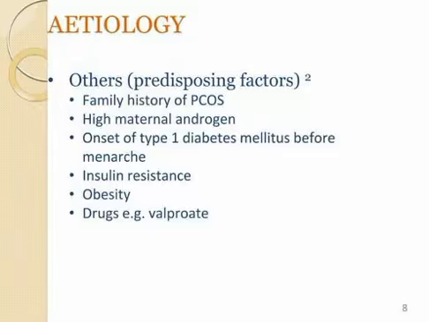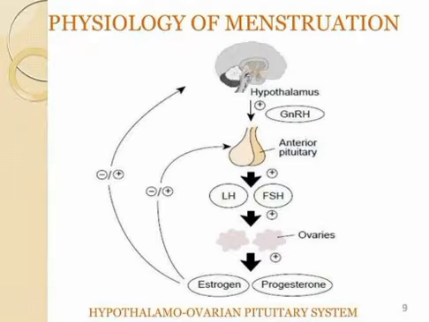Next, onset of type 1 diabetes mellitus before menopause, insulin resistance, obesity, and drugs, for example, valproate. So these are the other predisposing factors. That means other than the genetic factors, there will be family history or high maternal androgens, onset of type 1 diabetes mellitus, insulin resistance, obesity, and some drugs like valproate. So these are some other causes.